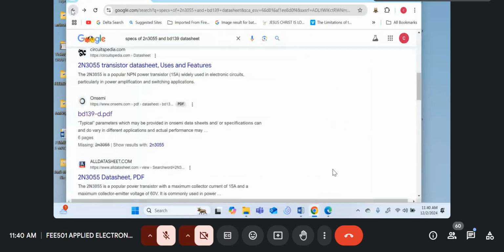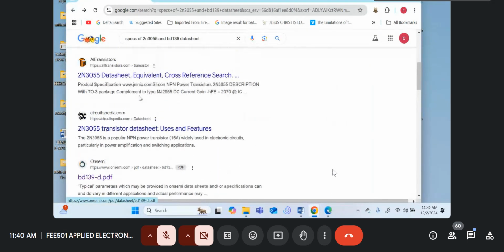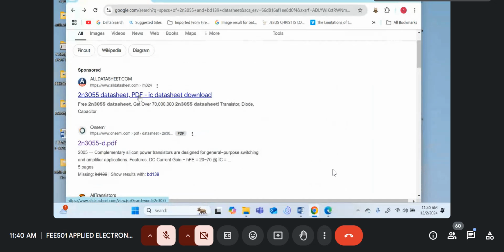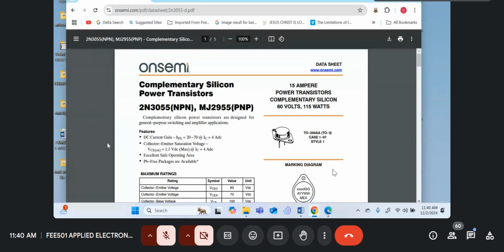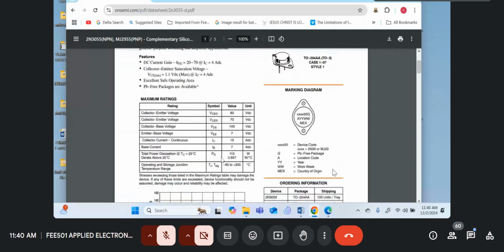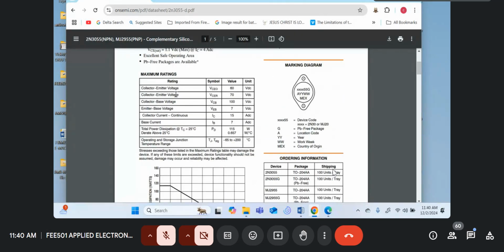Okay, let's go back to the other one, the ON Semi power transistor. So this is current gain from 20 to 70. Okay, for this one it's given.